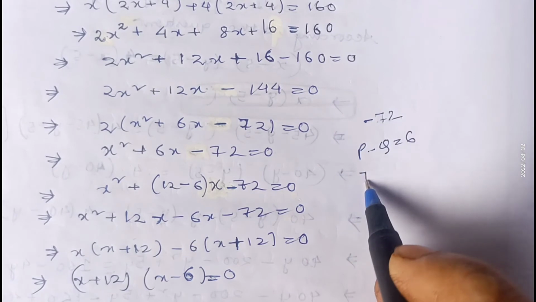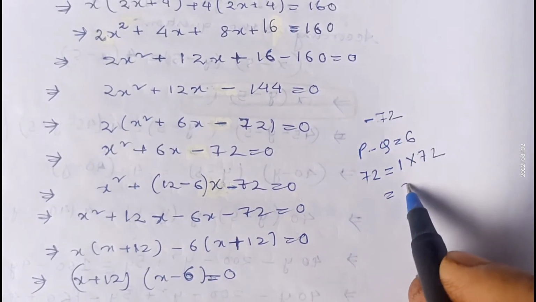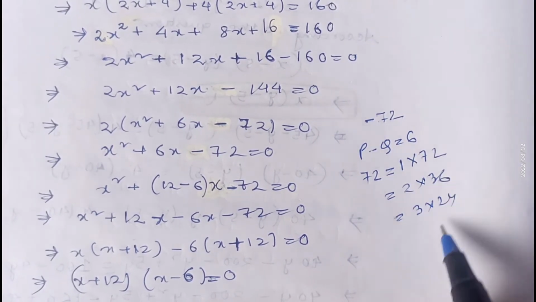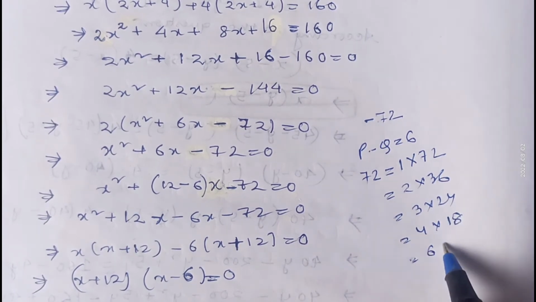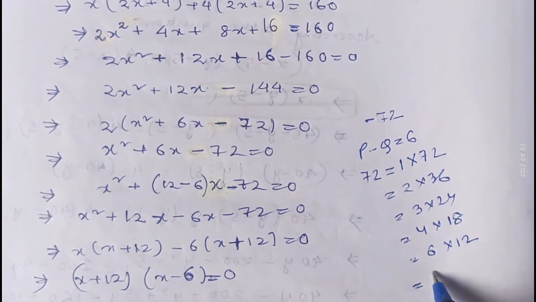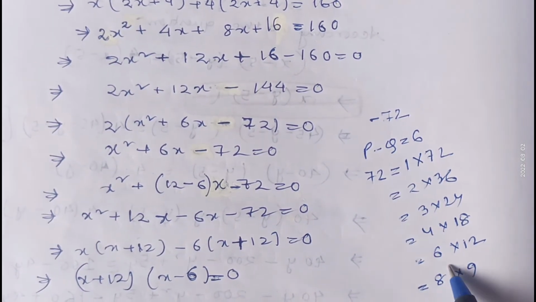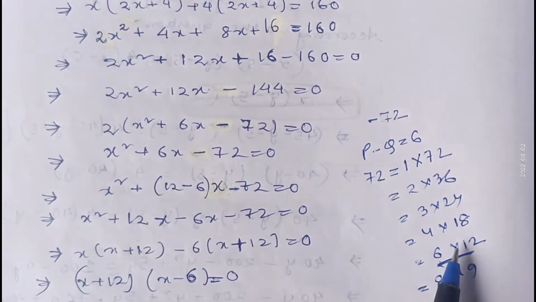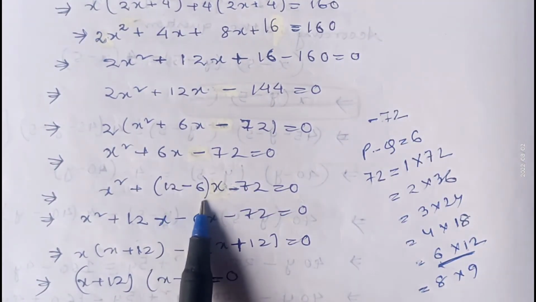Now 72 can be written as 1 into 72, 2 into 36, 3 into 24, 4 into 18, 6 into 12 and 8 into 9. Now out of these options, we can take 12 and 6, because 12 minus 6 will give 6 and 12 into 6 is 72. So instead of 6 we are considering 12 minus 6.